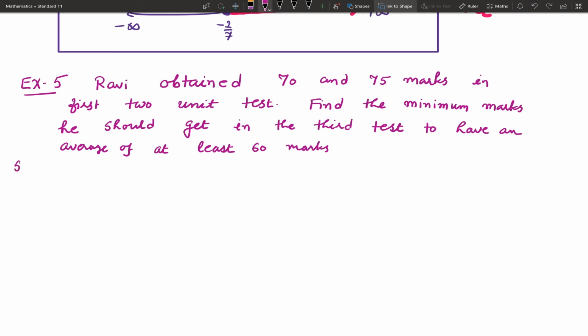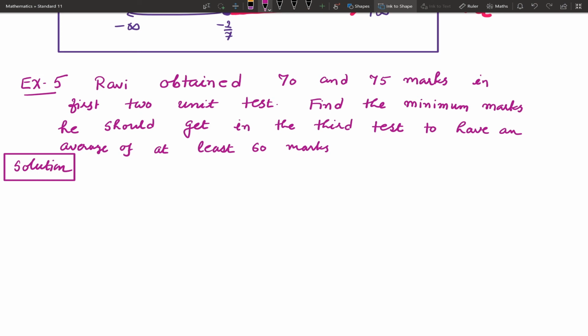Before we solve this problem, you note that when the words are used, find the minimum marks you should get in the third test to have an average of at least 60 marks. So average at least 60.